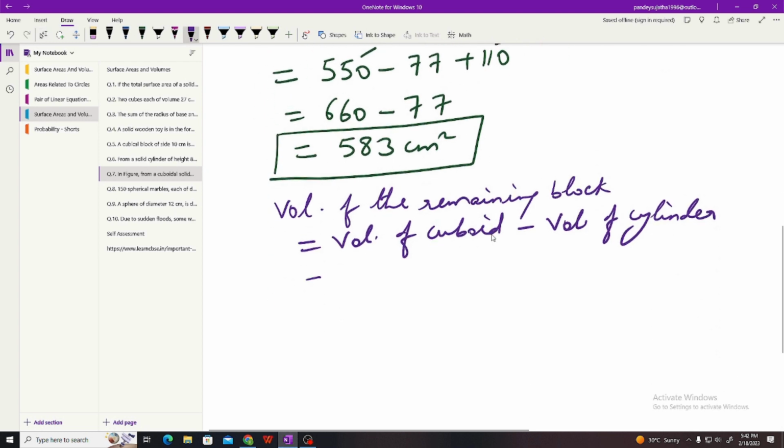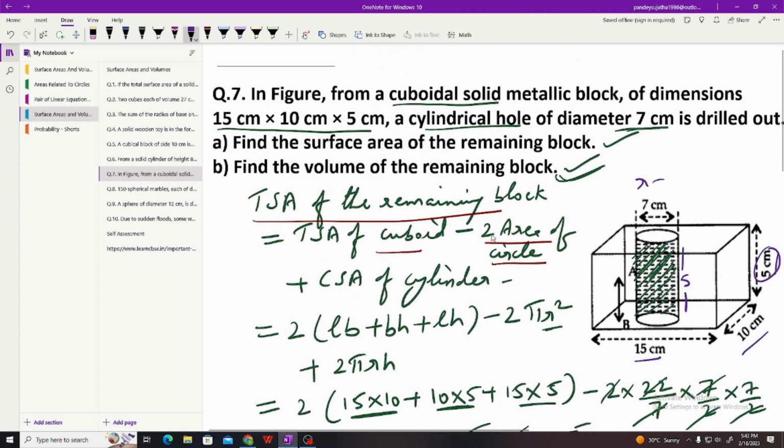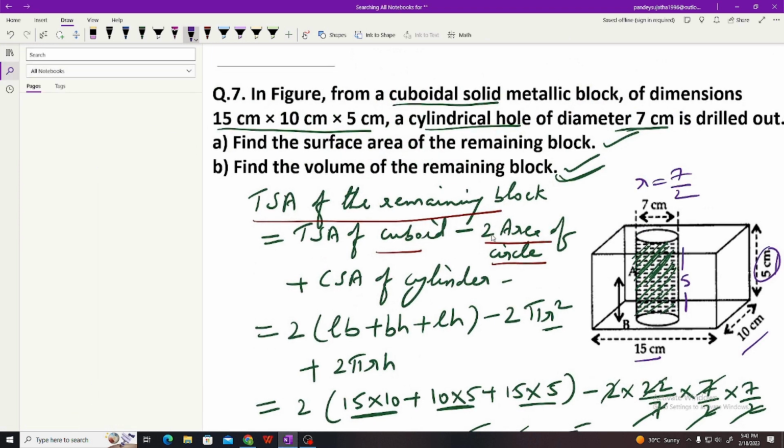So volume of cuboid is length into breadth into height, minus volume of cylinder is pi r squared h. So here the dimensions, here it is given 15, 10 and 5, where the height of the cylinder, as I already said, will be equal to the height of the cuboid, and the radius is 7/2.